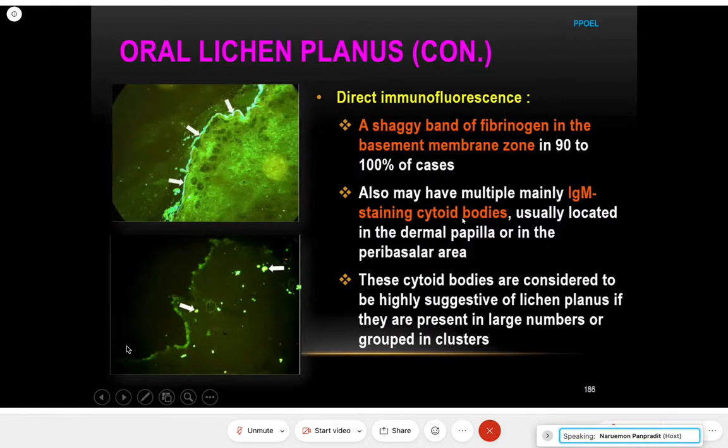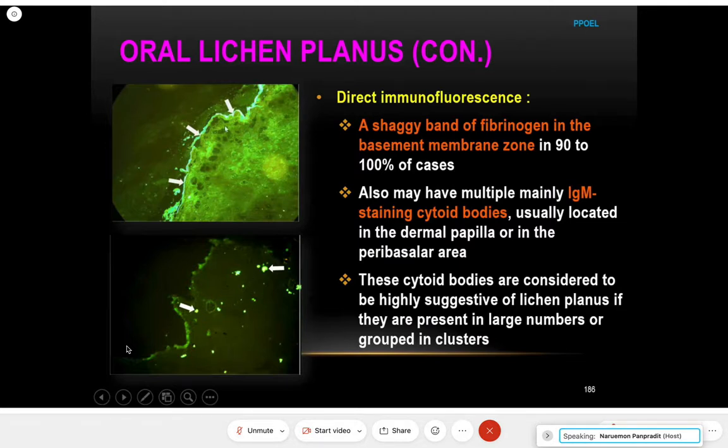And direct immunofluorescence can confirm the diagnosis, showing a shaggy band of fibrinogen at the basement membrane zone or at the dermal junction. And some cases show IgA staining positive around the colloid bodies.